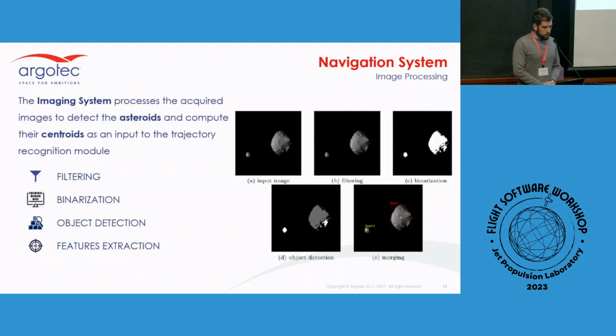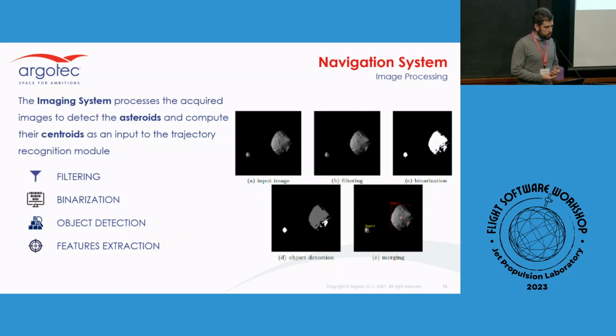So starting from the imaging system, the goal of this part of the system was to take the pictures and try to get features about the possible targets inside them. So using a pipeline with filtering to remove background noise, binarization to reduce the amount of data.